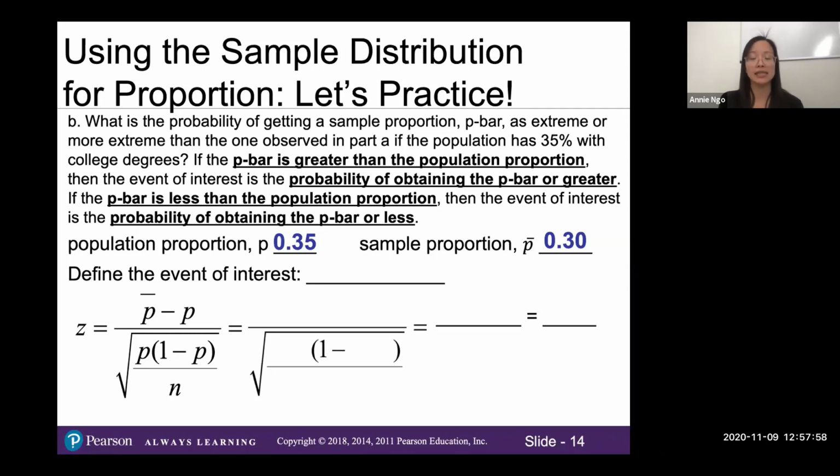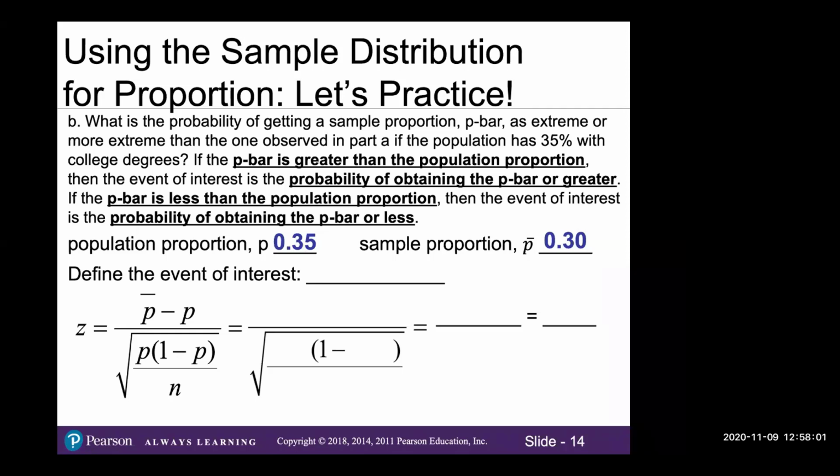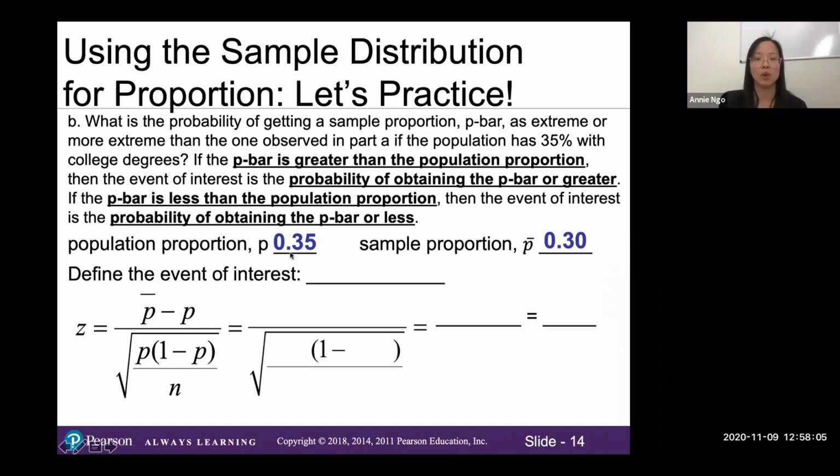Is it less than or greater than? Less than, yes. Our 0.3 is smaller than our 0.35. Therefore, we're going to be looking for an extreme scenario that our sample proportion is less than or equal to 0.3. So it's going to be a less than scenario. So let's go ahead and plug in our variables in the right place.